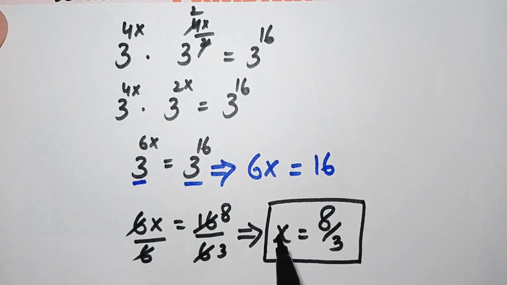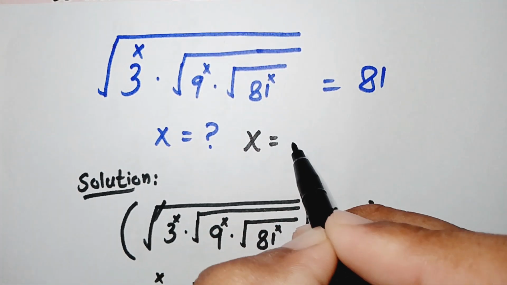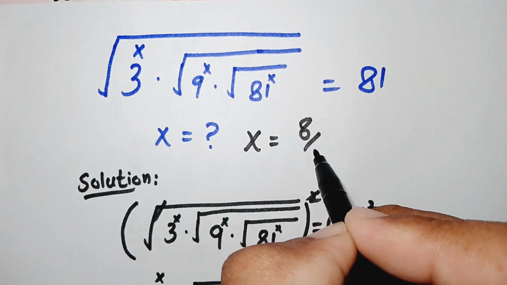Here the value of x is equal to 8 divided by 3, so finally the value of x is equal to 8 divided by 3.